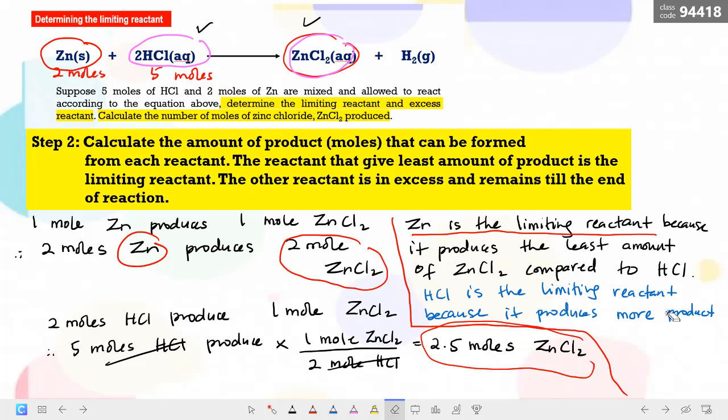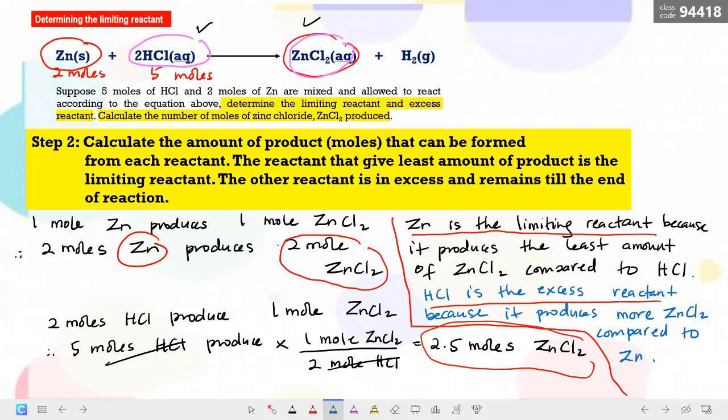Ataupun kita tak payah tulis produk, kita tulis saja terus produknya apa. Zinc chloride. It produces more zinc chloride compared to zinc. So the problem solved. Alright. Sorry, this is not the limiting reactant. Saya tersalah tulis. This is excess reactant. Should be excess reactant. Tersilap tulis pula. Okay. Alright. Okay, so actually settle with limiting reactant and excess reactant.